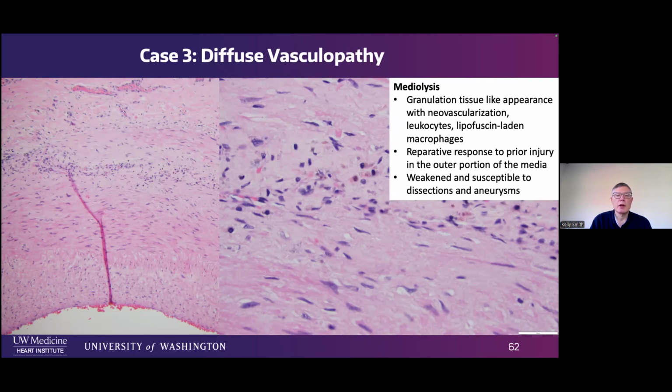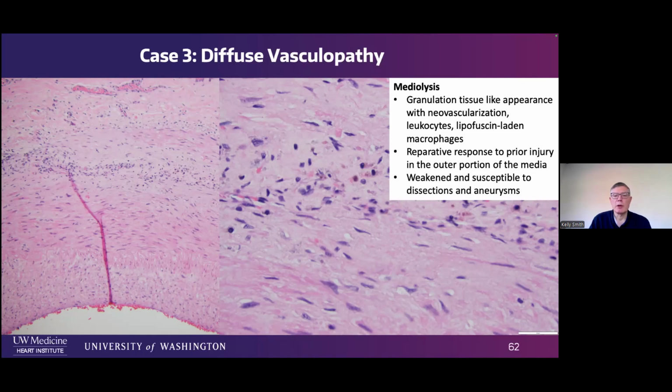There's a lot of lipofuscin-laden macrophages there. So I get the impression that there's been some injury to this layer and then a reparative process. And what causes that injury, why it's so diffuse, is a mystery that I have no idea about, and I don't know if anyone really does.